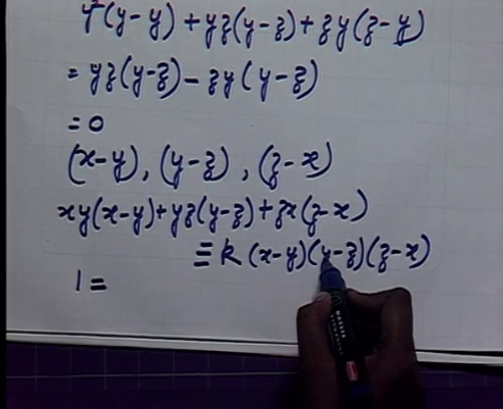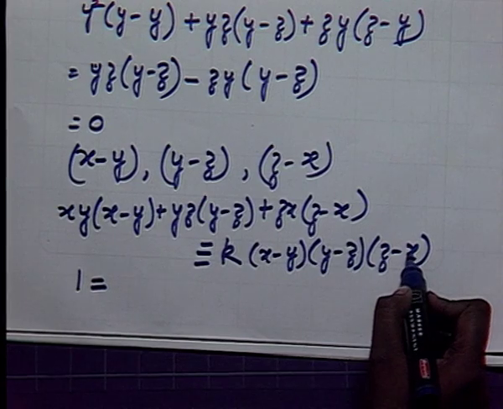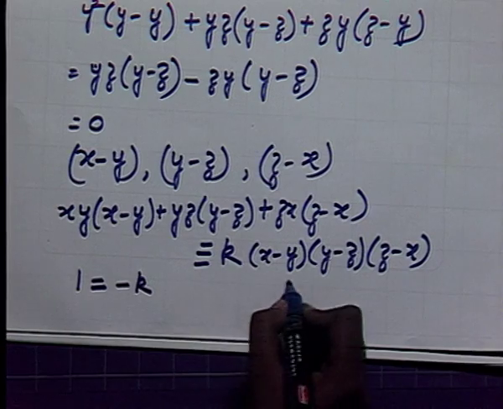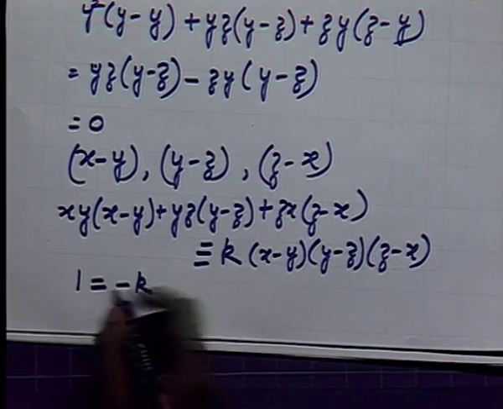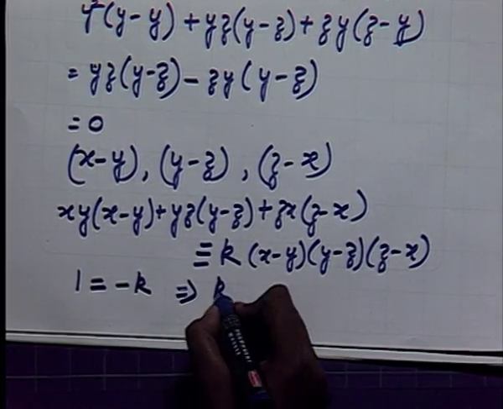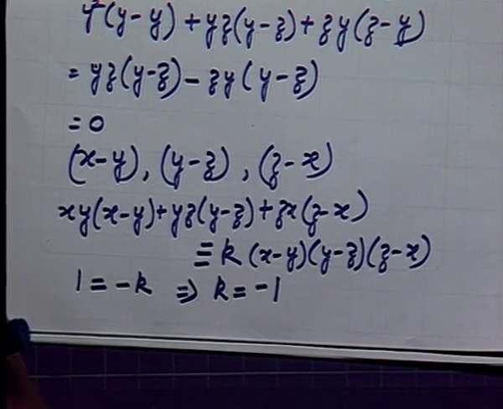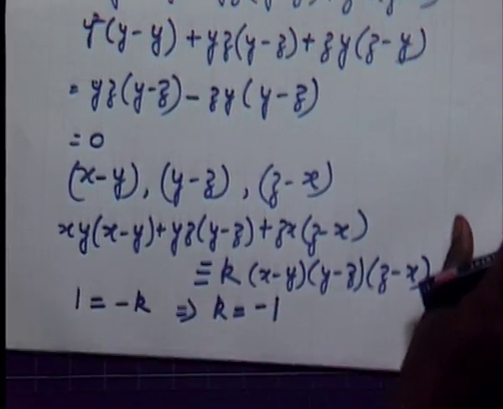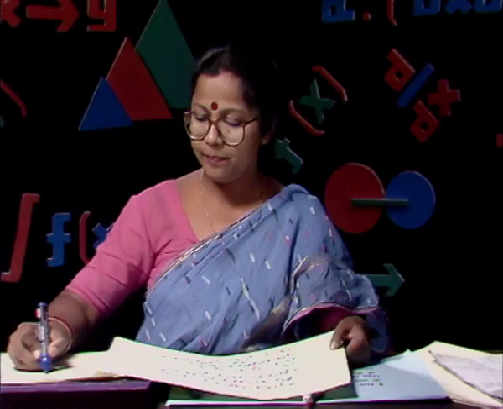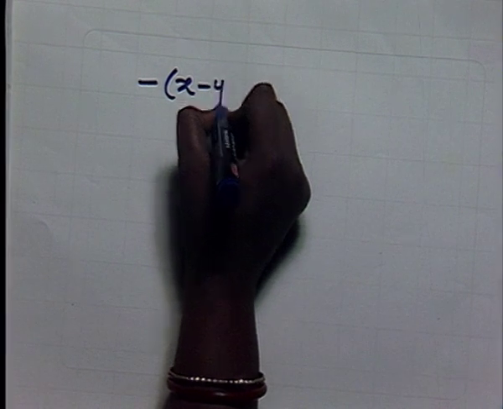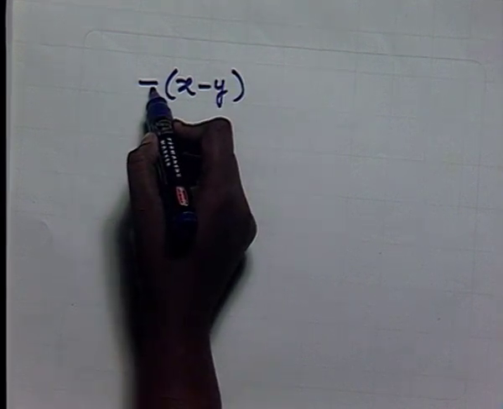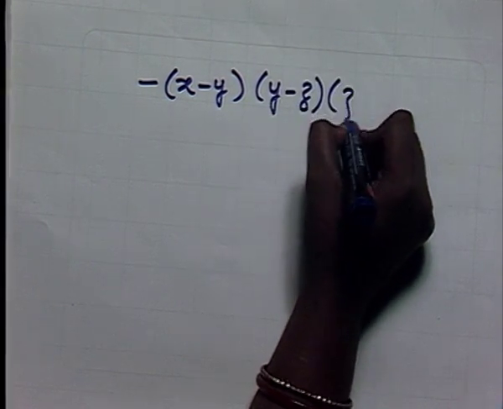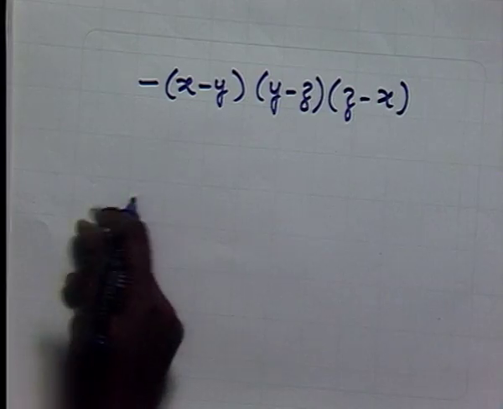This is x, y and minus x. If we multiply these 3, we get minus k times x square y. So, that gives us the value of k as equal to minus 1, and hence the factors of this expression will be minus x minus y, because the value of k we have already found as minus 1, into y minus z into z minus x.